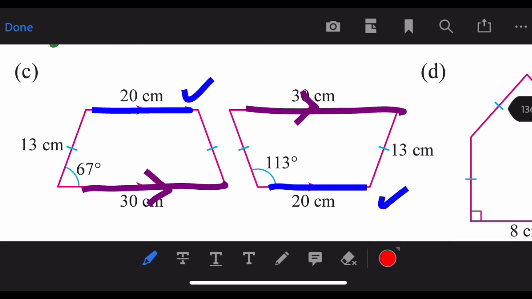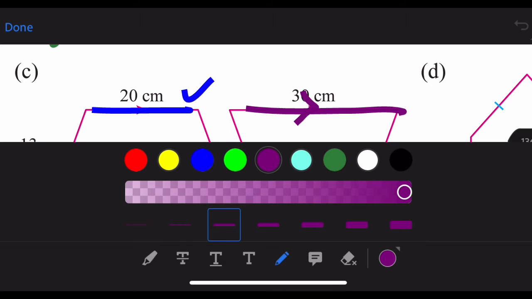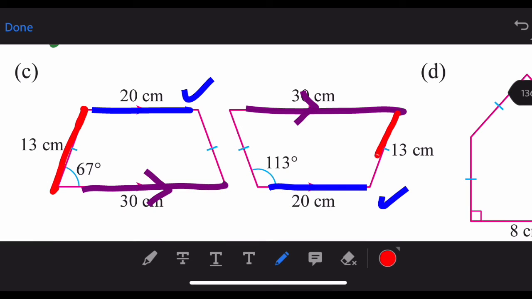We have 13 here, let me highlight this 13 here, also 13, and we have 113. Looks okay. This is 67, should be 67.